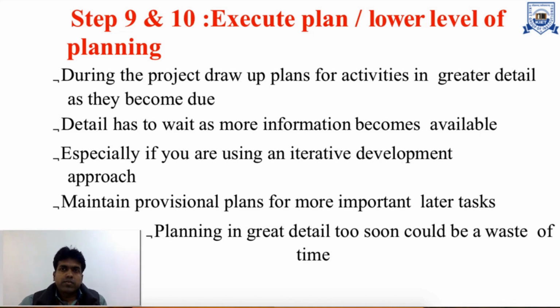At the time of implementation, we also do low level planning. Suppose in the testing team there is any tool requirement, such as automated testing tools, then we can provide it. In designing, if another designer is needed, and in coding, if another type of coder is needed, then we can provide it accordingly. That is low level planning.